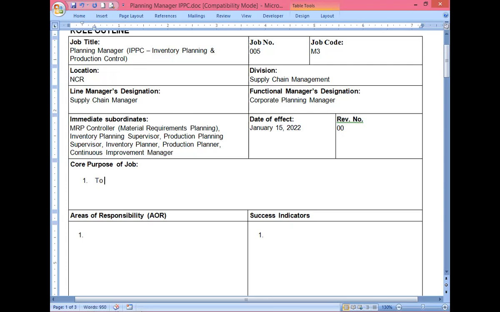Okay, so I just said that this job is going to oversee the inventory planning function and production control. Okay, so that's why they call it IPPC. Usually this function is called that when it comes to FMCG, a type of company. All right, and of course production control.